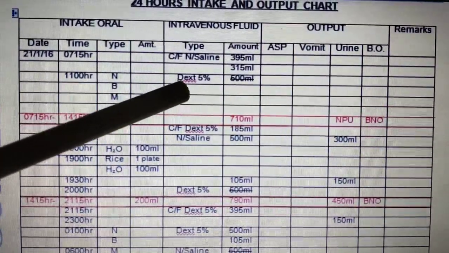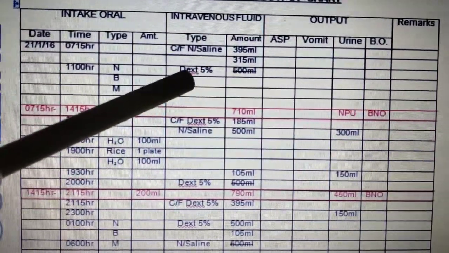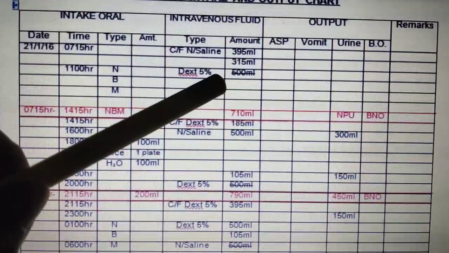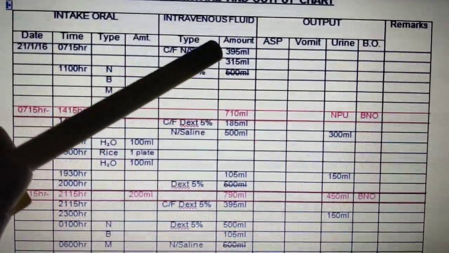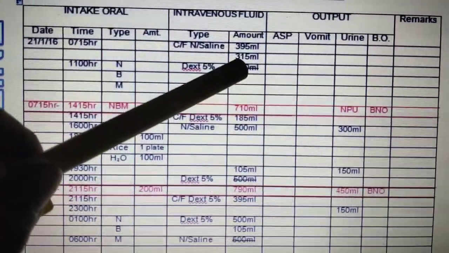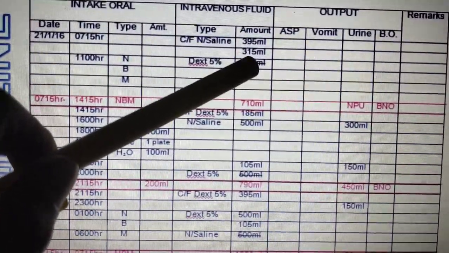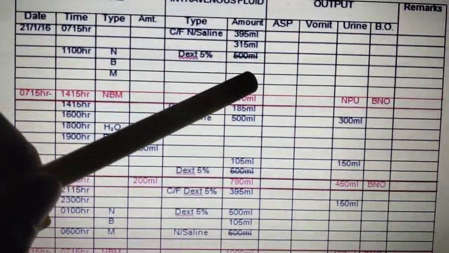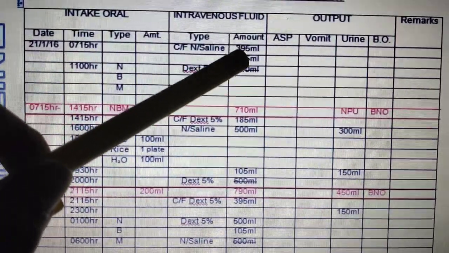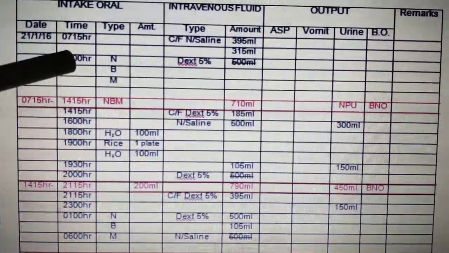Along with that, she has taken dextrose 5%. How much dextrose 5% is she taking? Clear? What is the amount here? See, this is not fine, it is scratched. So dextrose is 315 ml. Saline is 395 ml, dextrose is 315 ml. Clear? So she started already. Then at 11 o'clock what happened?